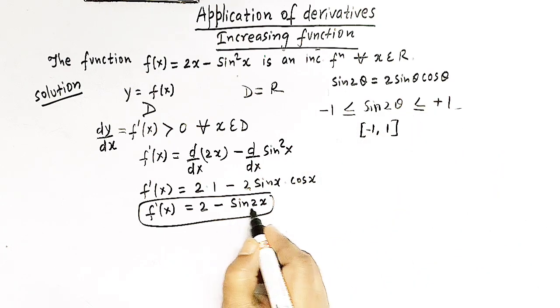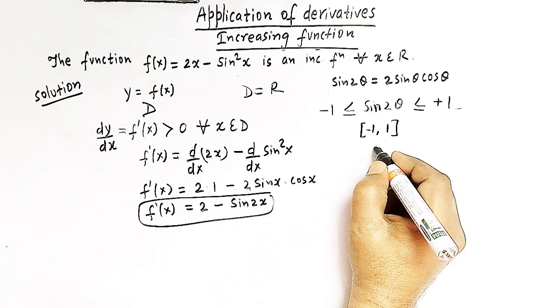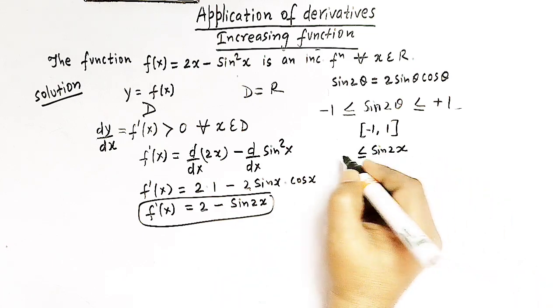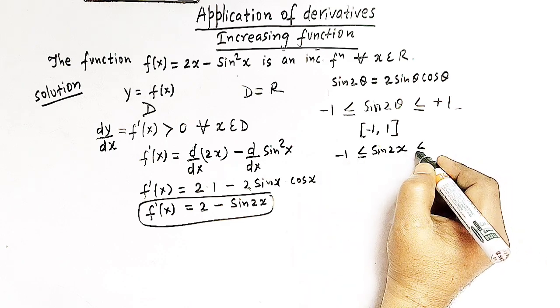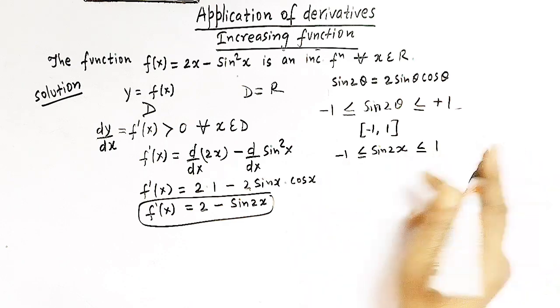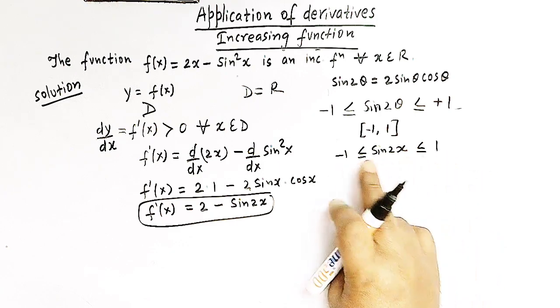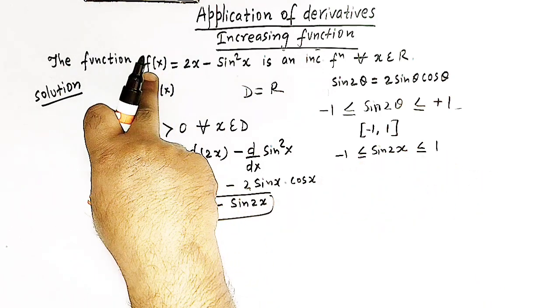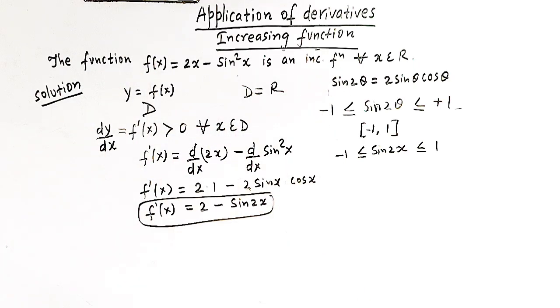So here we have sine 2x. Now the value of sine 2x is greater than or equal to -1 but less than or equal to +1, right? So let us use this inequality to prove that this function f of x is an increasing function.